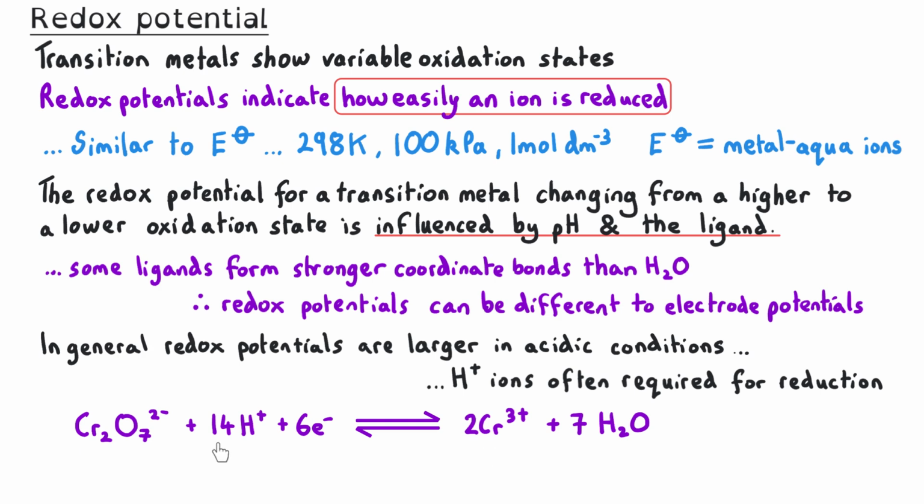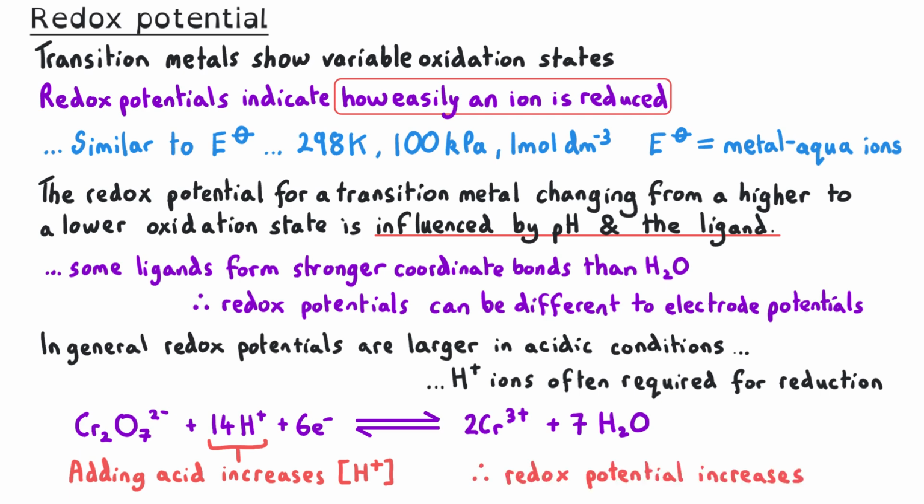You can see that there are hydrogen ions on the left-hand side of the equation, which means that they are involved in this reduction of the dichromate ion. And so adding acid will decrease the pH and it will increase the hydrogen ion concentration. And so the equilibrium will shift to the right-hand side, and so there will be a larger redox potential in this situation for this low pH.